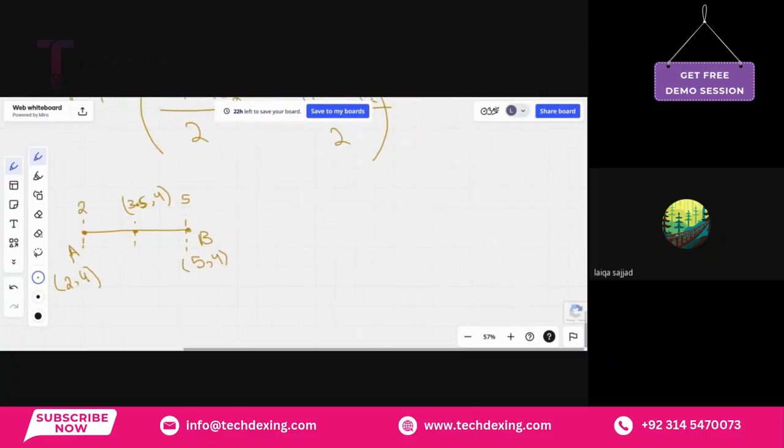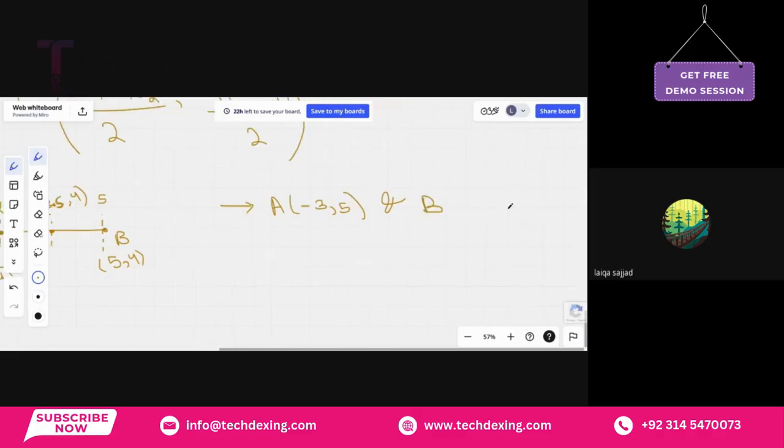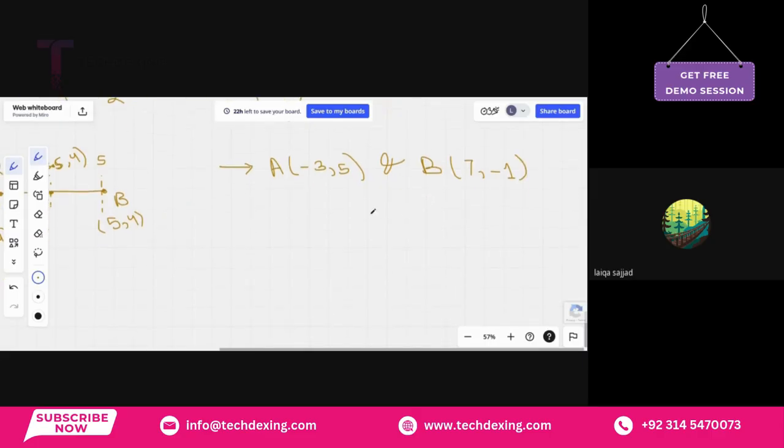If, for example, we are given 2 points and we are asked to find the midpoint, say point A has the coordinates (-3, 5), and point B has the coordinates (7, -1). To find the x coordinate of the midpoint, we simply add the x coordinates.